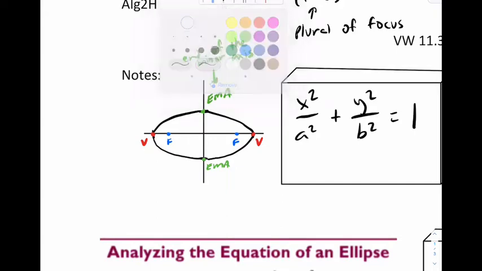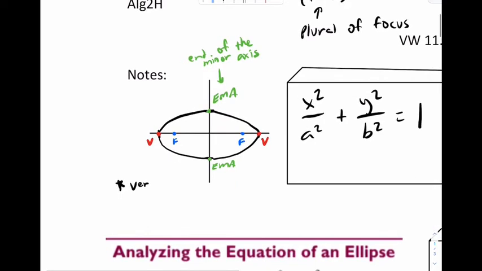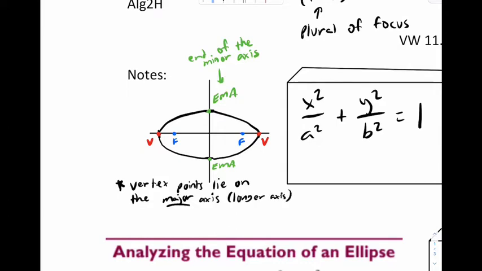Now the way you know that is this. The vertex points lie on the major axis, meaning the longer one. So in this case, we're saying that this value is bigger, and your EMAs lie on what's called the minor axis.